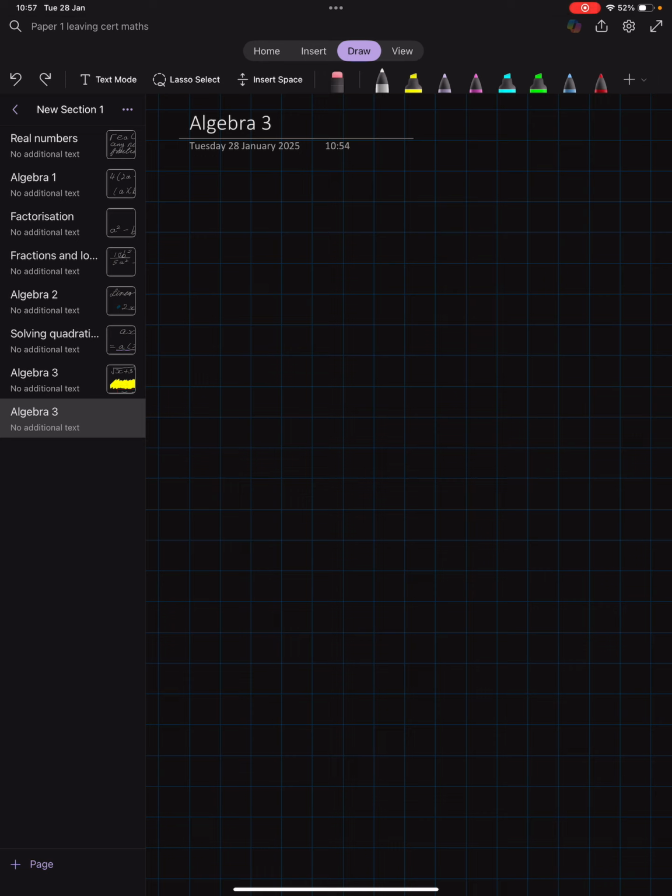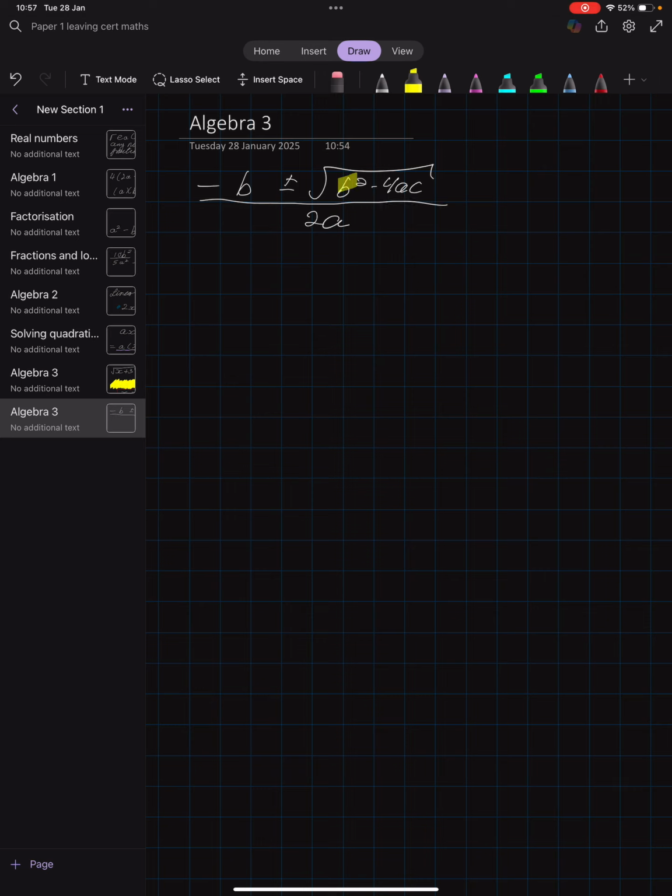So today we're going to go through discriminants and other things. First, I'll write down the minus b formula: minus b plus or minus the square root, all divided by 2a.